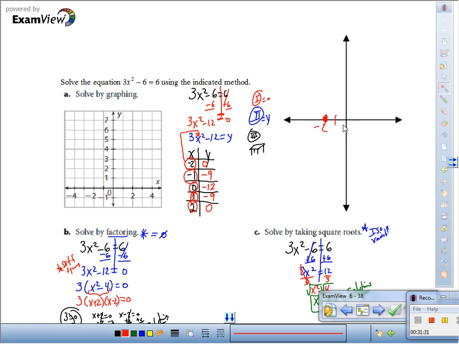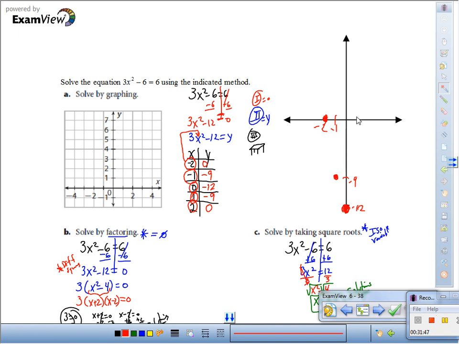Next one, (-1, -9), so it's about right there. Next one, (0, -12), about right there, so we place our point there.